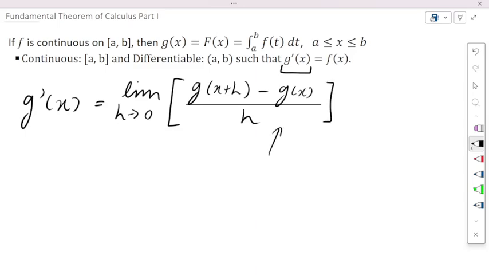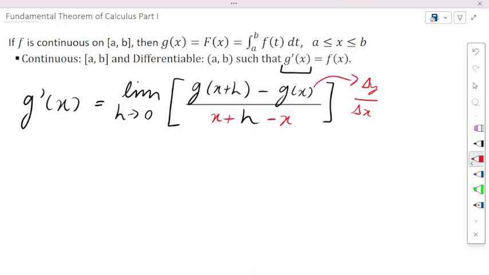Note that this is the slope formula, or gradient formula, however you want to look at it, where initially we had x plus h minus x in the x-axis, and this one here is the y-axis. If you're not really comfortable with the definition, that's basically what we have: the change in y over the change in x, and we take the limit as h approaches 0 for the derivative.